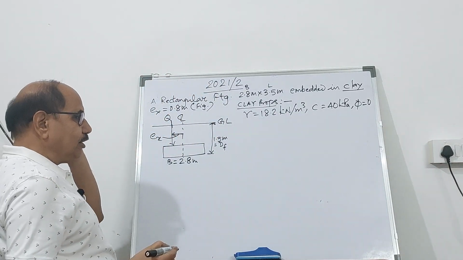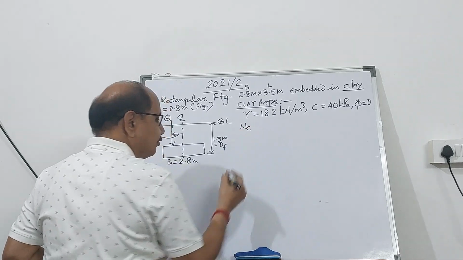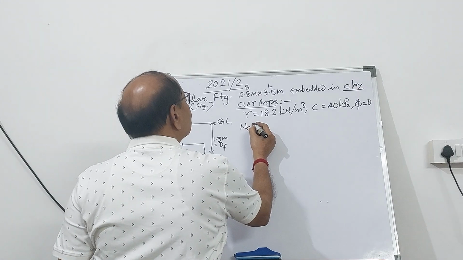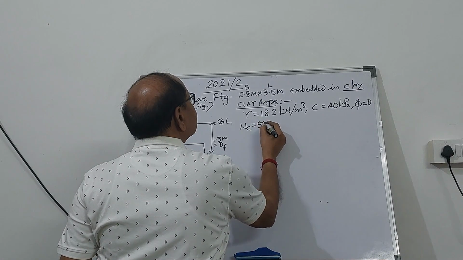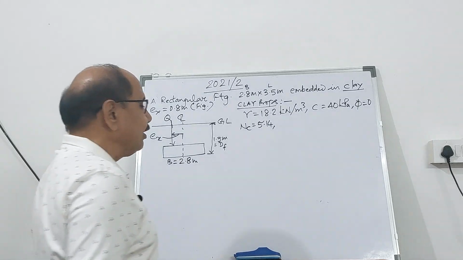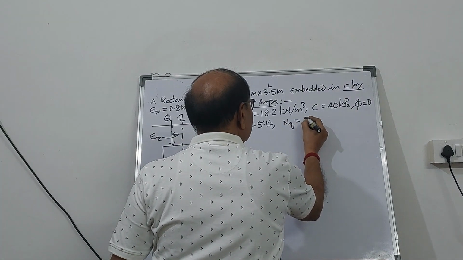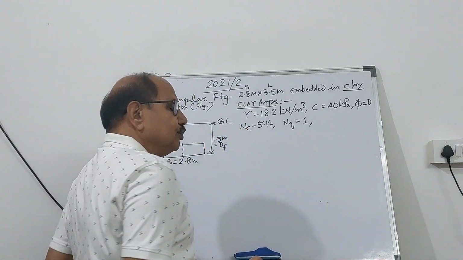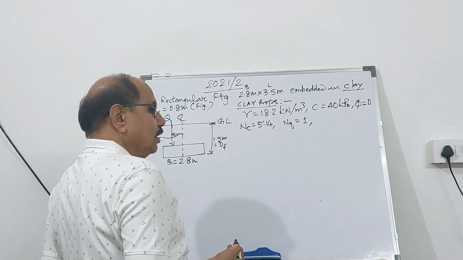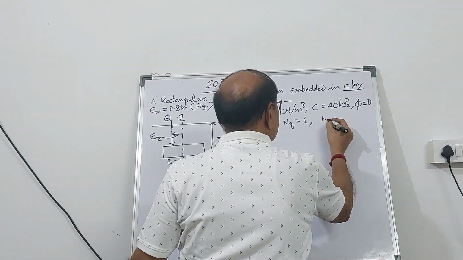So this information is given. Also, you are given the bearing capacity factor NC, because it is clay soil. It is given as 5.14, and you are given NQ equal to 1. If you see Meyerhof table also, you will be getting these values, but it is given in the problem, and N gamma equal to 0.